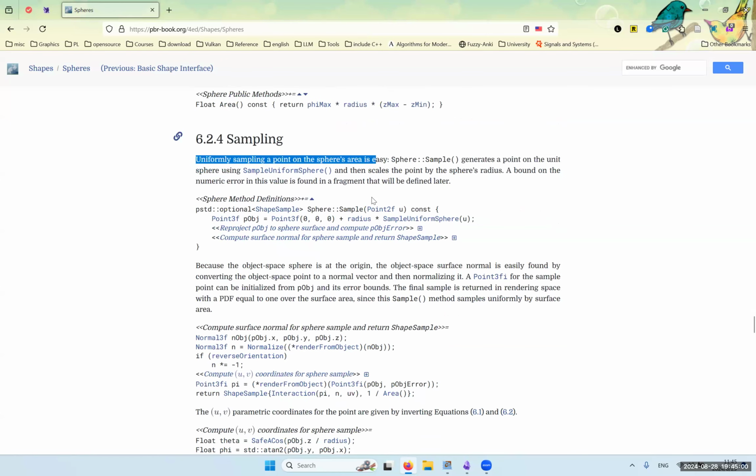And sampling a sphere area is just sample and then scale.